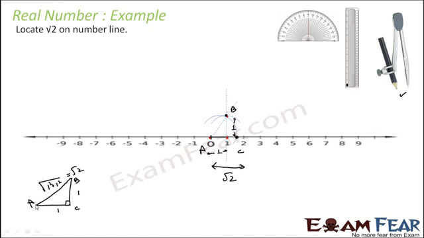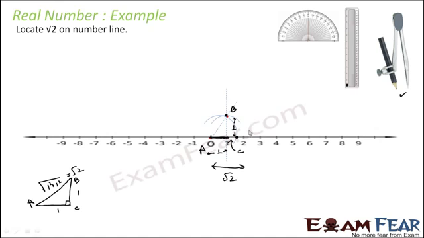So we know that by Pythagoras theorem, if we have a right triangle with two sides as 1 each, then the longest side, the hypotenuse, will be root 2. So the same thing we are doing: starting with 0 as the point, we have drawn this point C. Now we know this length is 1 centimeter.